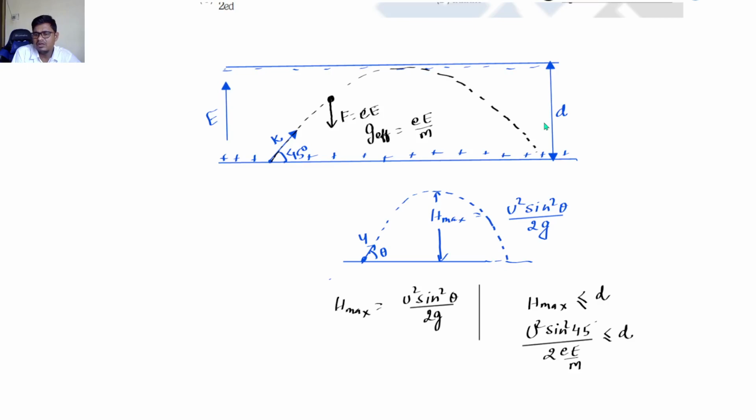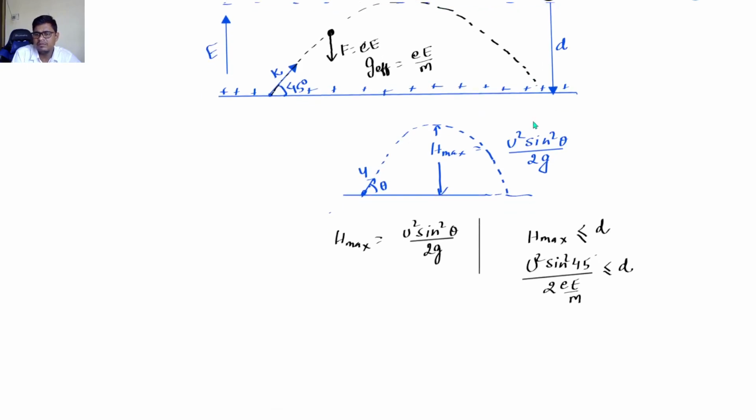Now m goes to the numerator, so this becomes m u square by 2.